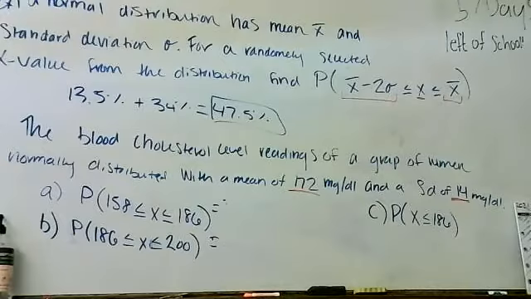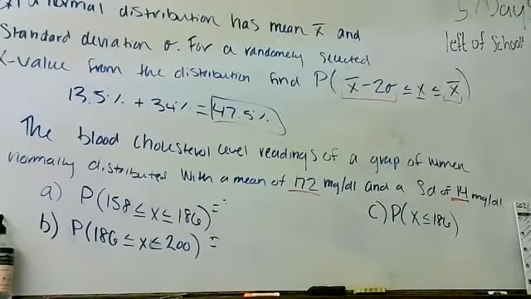So new problem, percentages all stay the same, but the way I label this will be different. So in this problem, if my mean is 172 milligrams a deciliter, where's that going to go on my bell curve? Where's that 172? Does it go here? Good, yes, it goes in the middle, right?